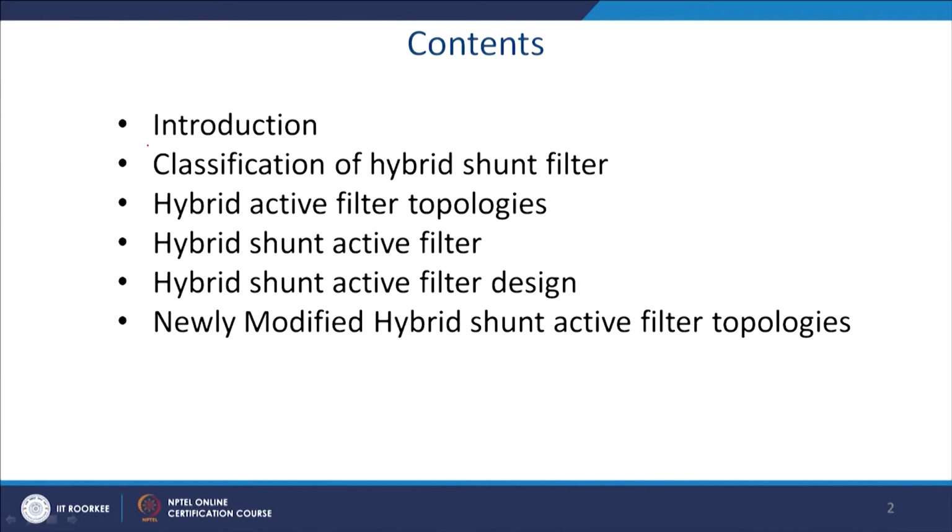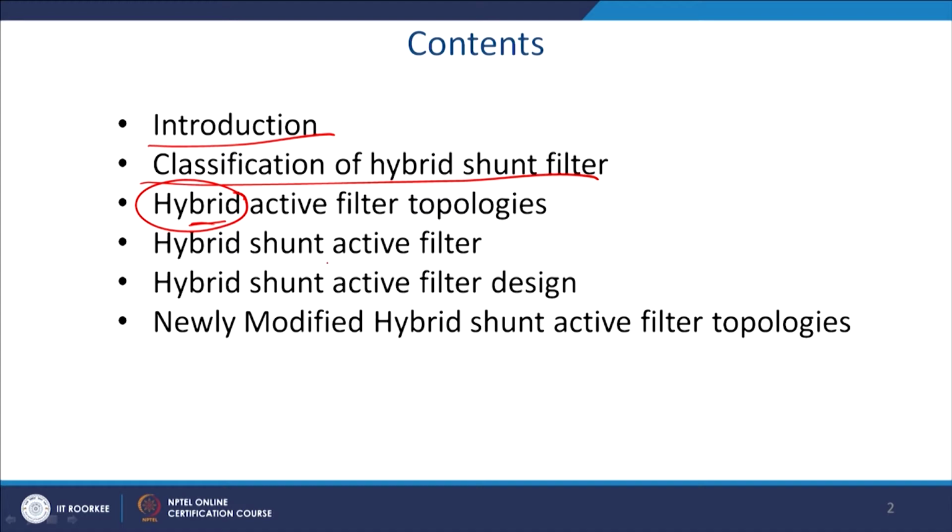So, the presentation layout today will be the introduction. Thereafter, we shall see what the different kinds of hybrid shunt active power filter are. I have discussed one topology in continuation of the shunt active power filter, while sharing the topological variations of the hybrid filter. We can have so many topologies, and we shall discuss them in detail.